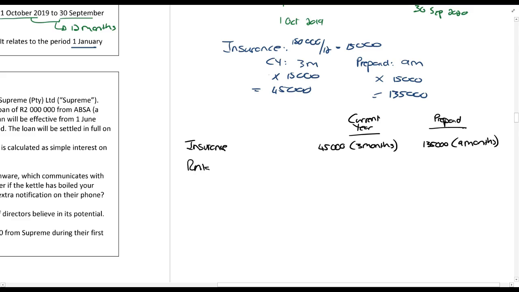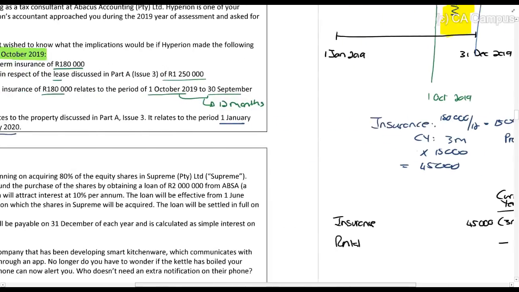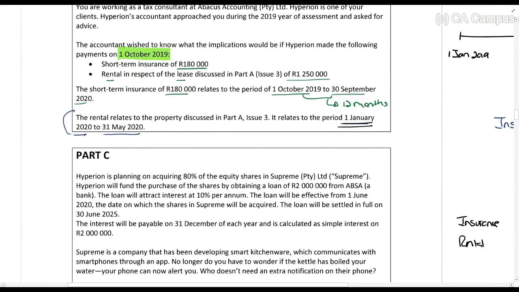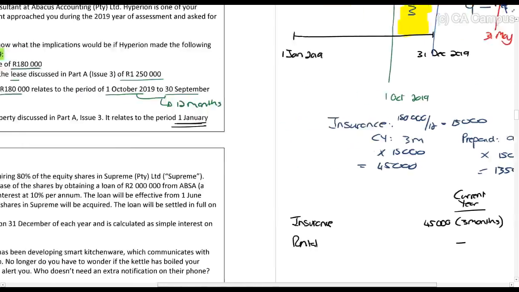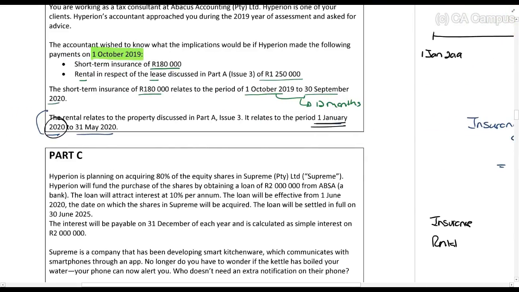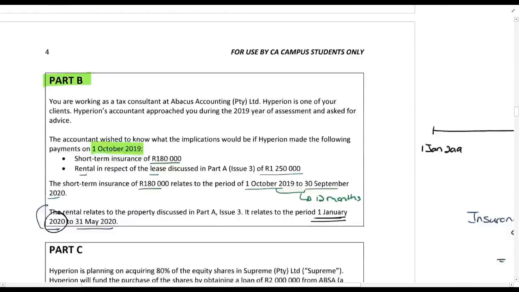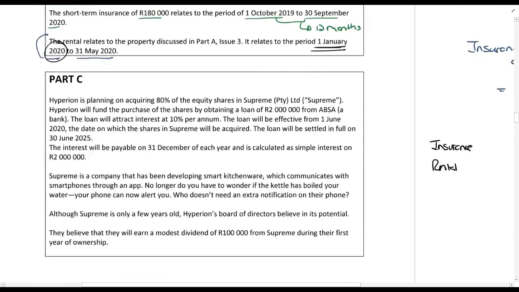Rental, current year: nothing, because it is prepaid for the period 1 January 2020. The total is 1,250,000, and that's 5 months times 250,000, which agrees with the information we saw in Part A, issue 3. We'll talk about it in a bit.